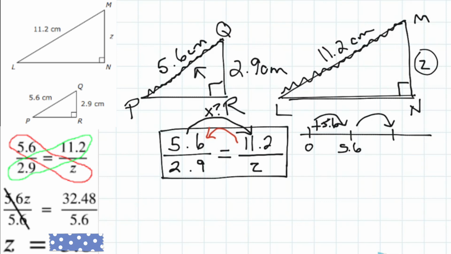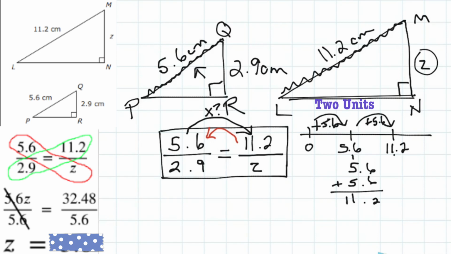So if we do 5.6 plus 5.6, that decimal stays in exactly the same spot. 6 plus 6 is 12. Put down the 2, carry the 1, bring down the decimal. 1 and 5 is 6, and 5 is 11. Ding, ding, ding. All right, so we see that it takes 2 units of 5.6 to get to 11.2. The scale factor is 2.